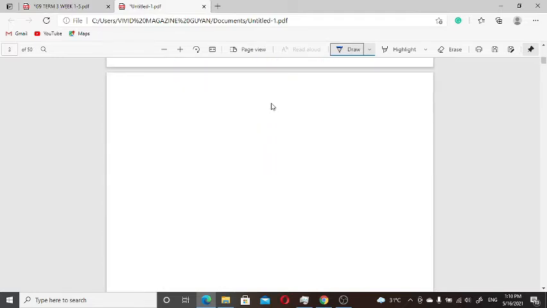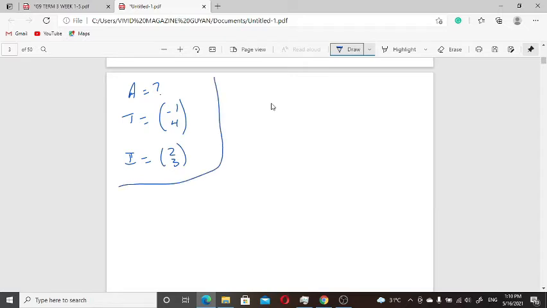A equals what we're going to solve for, the translation is minus 1, 4, and the image is 2, 3. We know that the object plus the translation is equal to the image. Our object is A, that's what we're solving for, plus our translation, minus 1, 4, is equal to the image of 2, 3.